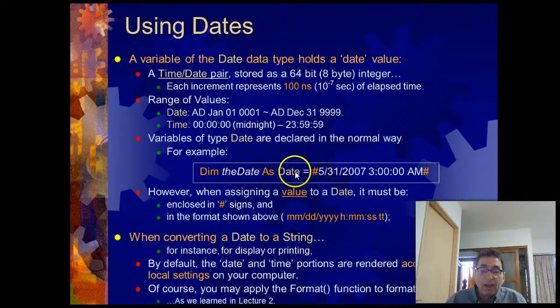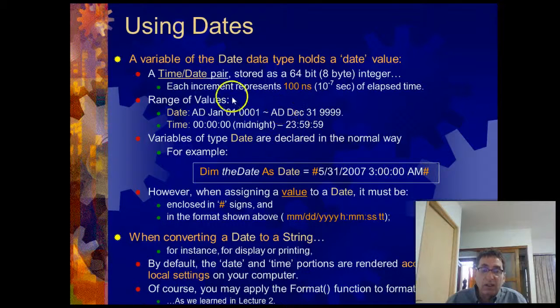Then how do we set a value to it? Normally, if it was a string, we needed quotation marks around it. If it was a number, we didn't have anything around it. If it's a date, in Visual Basic you have to have these check marks around it, and it has to be like this also.